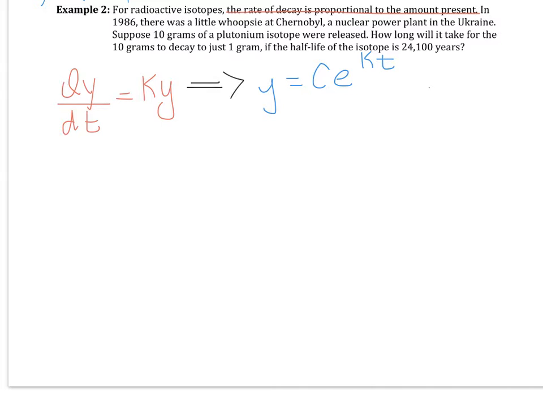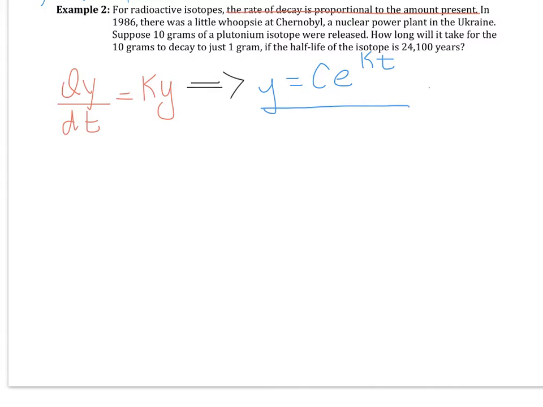Now, it says in 1986, there was a little whoopsie at Chernobyl, a nuclear power plant in the Ukraine. Suppose 10 grams of plutonium were released. How long will it take for the 10 grams to decay to just 1 gram, given its half-life? Notice, this is how we know that we need this statement in blue. They tell us about the rate of decay, and then they start asking us questions that relate to the amount, not the rate.